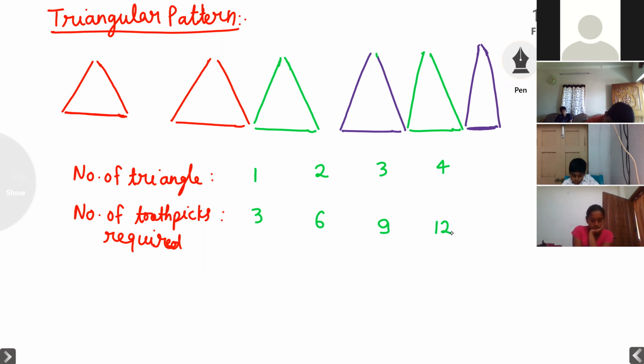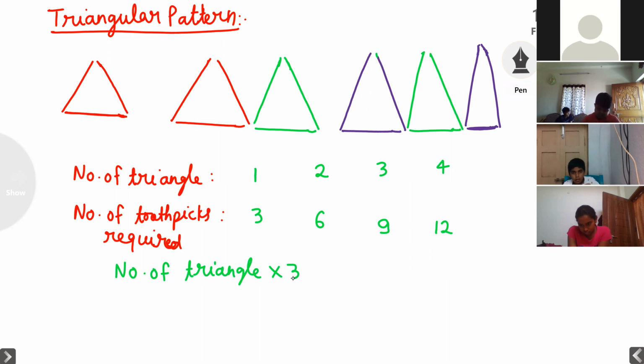Now, how are we going to relate this activity to algebra? Listen carefully. Can I say number of triangles into 3 equals number of toothpicks required?